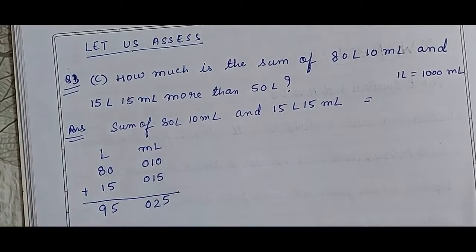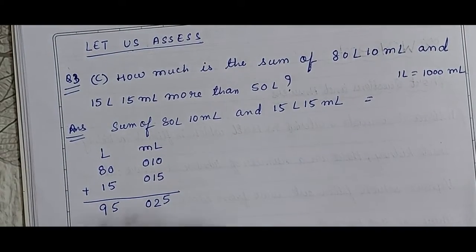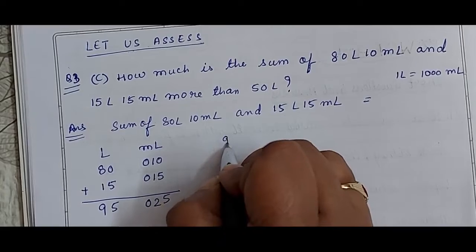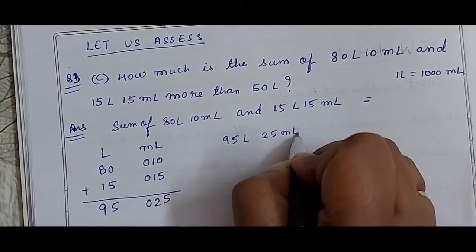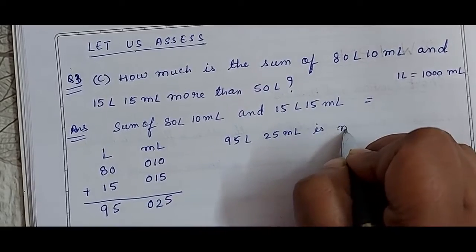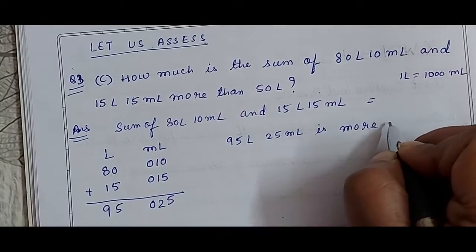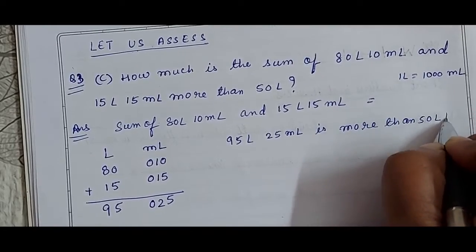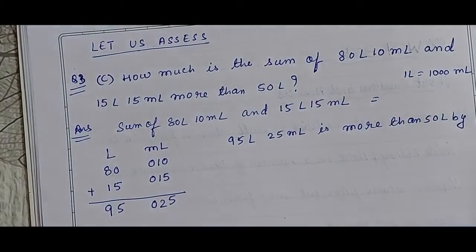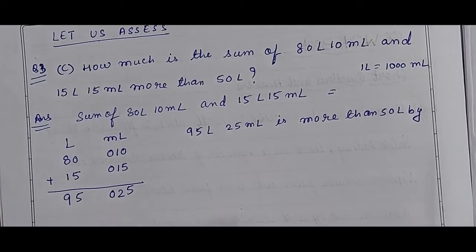Next statement will be 95 liters, 25 milliliters is more than 50 liters by how much it is more, that we have to take it out.